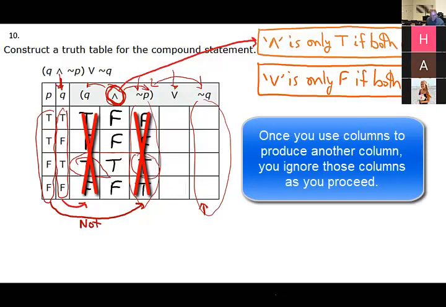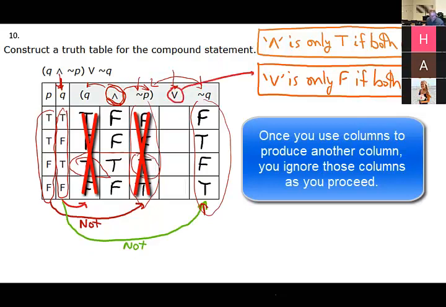So the Q column is true, false, true, false. So when you move it over, it becomes false, true, false, true. And now that you've got something on both sides of that symbol, you can evaluate it. And it's an or. The memory aid for or is it's only false if they're both false. Well, you can see that the very first line is both false, but none of the rest of them are both falses, so the rest of them must be true.